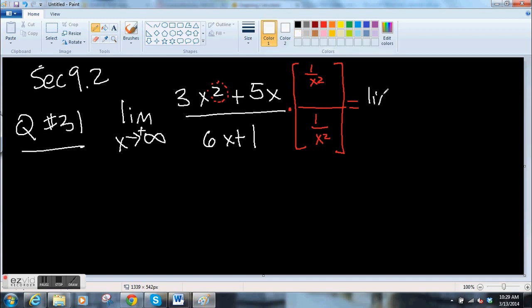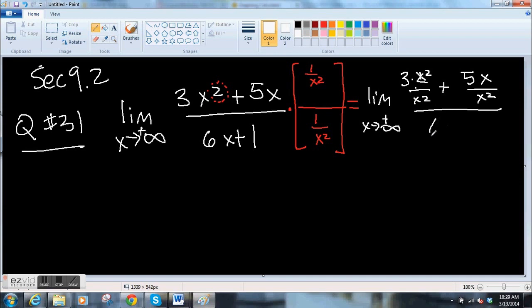So now this is equal to the limit as x goes to positive infinity of 3x squared divided by x squared. This is adding a step that you guys probably won't do. 5x divided by x squared, all over 6x divided by x squared plus 1 divided by x squared.